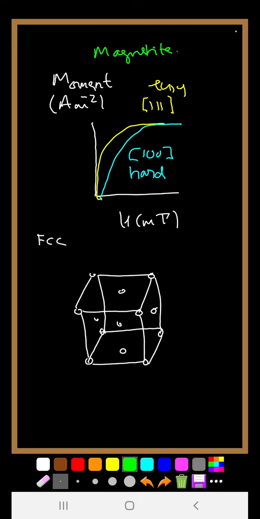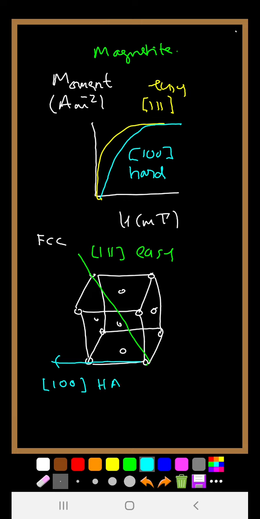So this direction is supposed to be the 111 direction. This is the easy direction. This direction is the 100 direction. This is the hard direction, and you can also have a 110 direction. This is a medium, neither easy nor hard.